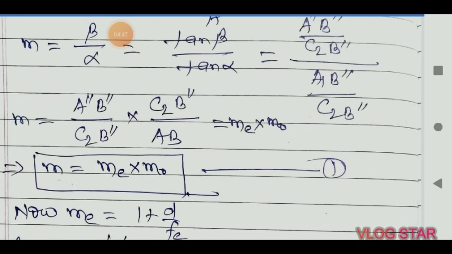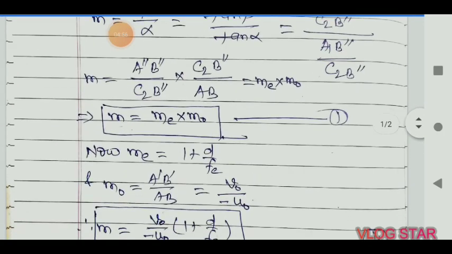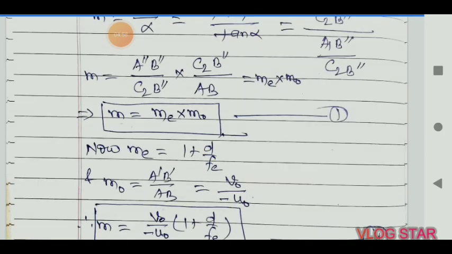Now that one is M_E into M_O, magnification produced by the eyepiece into magnification produced by the objective lens. So M is equal to M_0 into M_E.